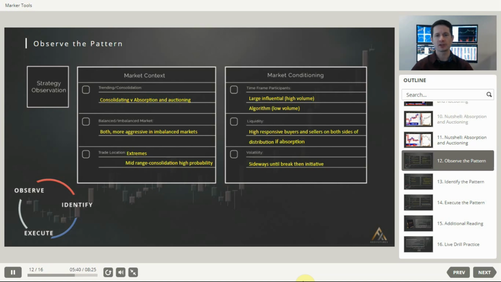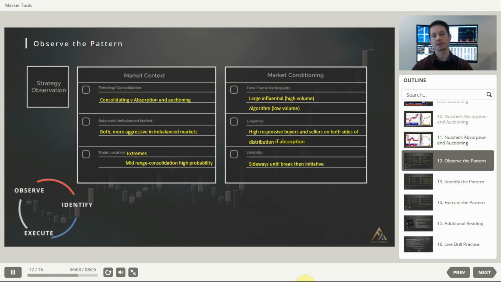Do bear in mind we do get the absorption auctioning occurring mid-range sometimes. However, by the very nature of it being mid-range, the market tends to be quite well balanced. Therefore, it's imperative to note the volumes trading through, as you could well be observing a consolidation period rather than absorption and auctioning. So just bear that in mind.